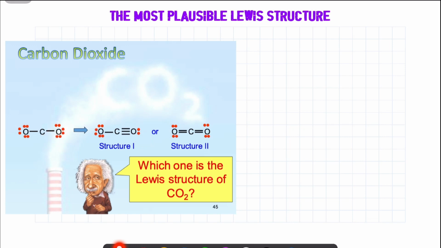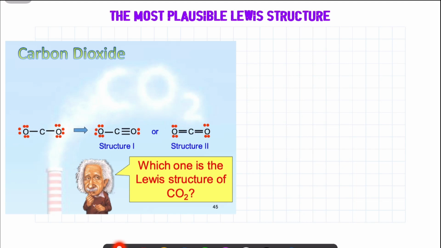So this is the first structure. And the second structure, each of the oxygen will share 1 of the lone pair to form bond with the carbon. So the oxygen at the left side shares 1 lone pair to form bond with the carbon, so this is a double bond, and same for the other side.